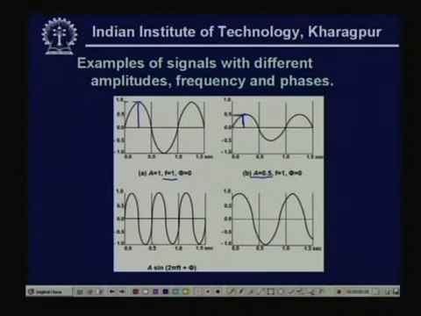Here, on the other hand, within 1 second there are 2 complete cycles. So frequency f is equal to 2, although amplitude A is equal to 1, and phase phi in this case is 0. So here we have amplitude equal to 1, frequency equal to 2, and phase equal to 0.